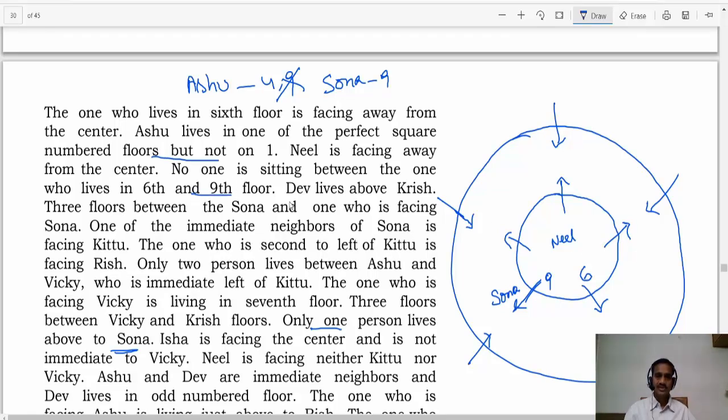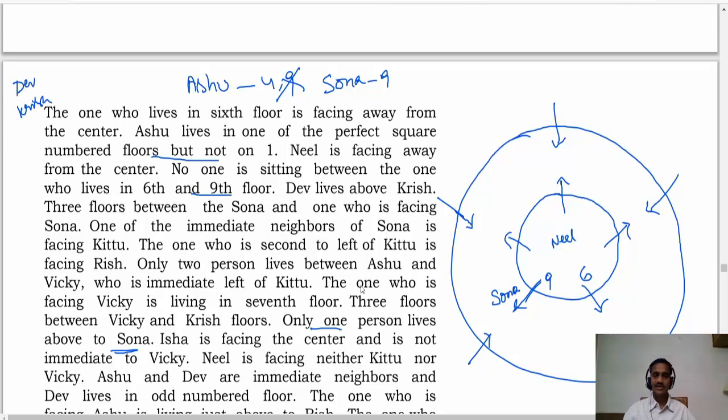Dev lives above Krish, so the floor number of Dev is more than Krish's floor number. There are 3 floors between Sona and the one who is facing Sona. Tell me the distance to the person facing Sona: how many floors are there in between? 3 floors in between. If Sona is 9, there must be 3 floors in between. So this person must be on the 5th floor. Followed? Between 9 and 5 there are 3 floors: 6, 7, 8.